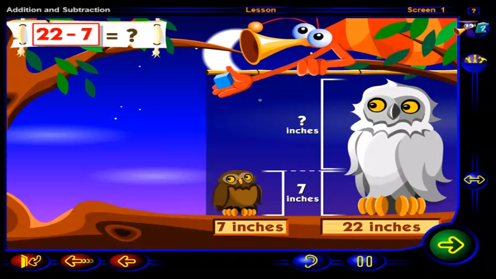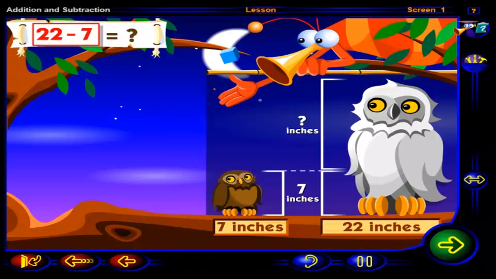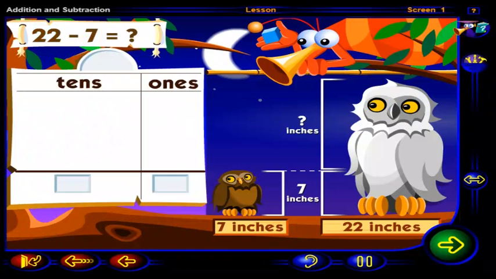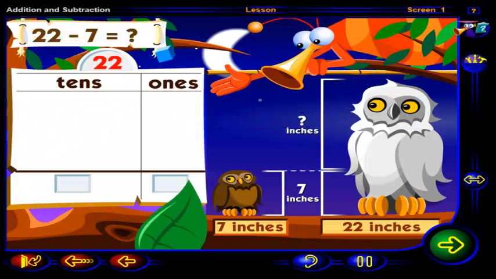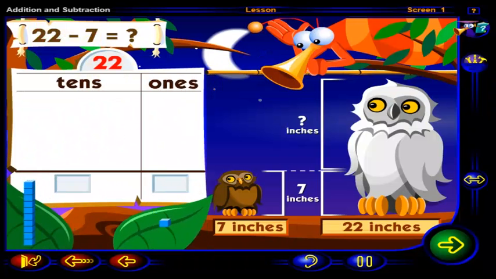Of course, we've used blocks to add, so we can use them here to subtract. Let's start by showing the number we're subtracting from, 22. Drag blocks to show 22. When you're done, click OK.